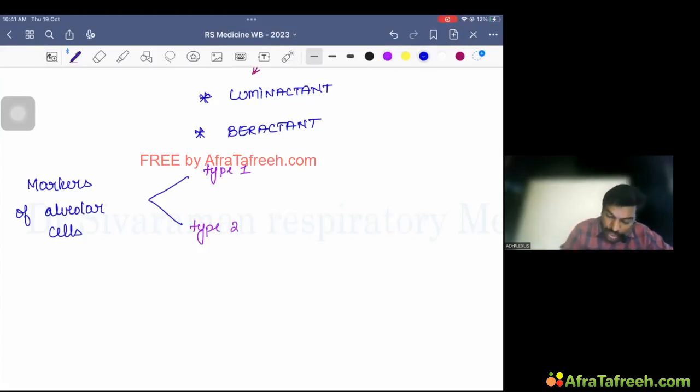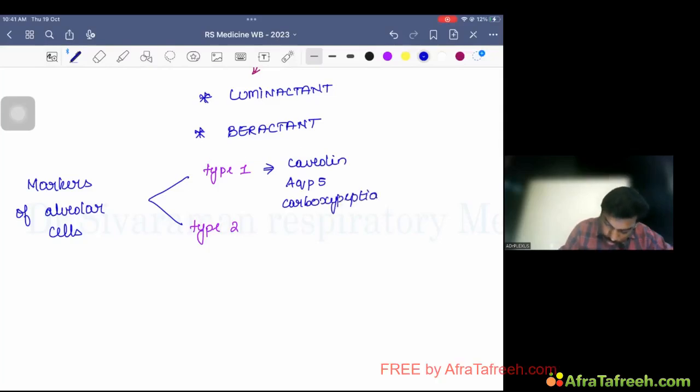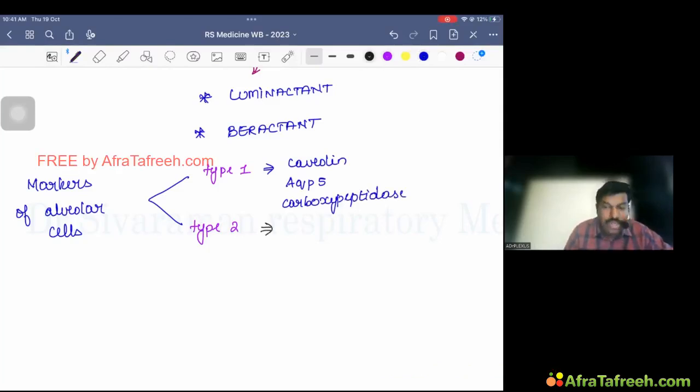For type 1 alveolar cells, we have caveolin, aquaporin 5, and carboxypeptidase as markers. Coming to type 2 alveolar cells, we have surfactant proteins A, B, C, and D.